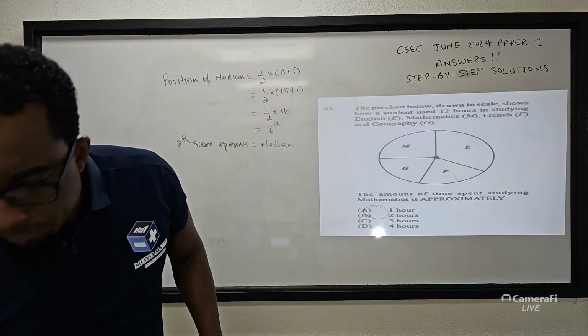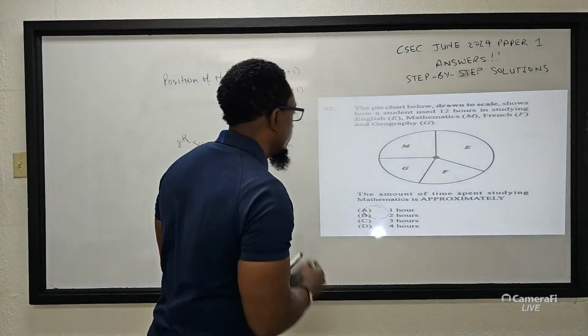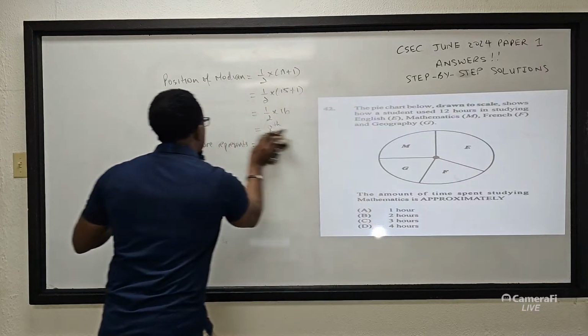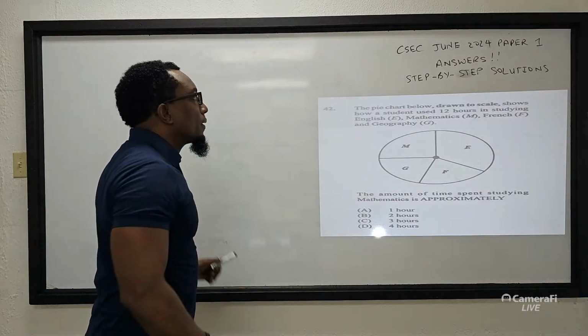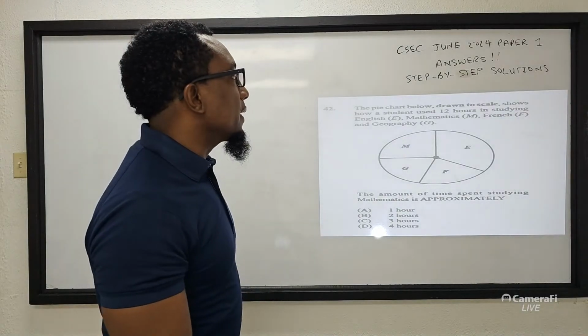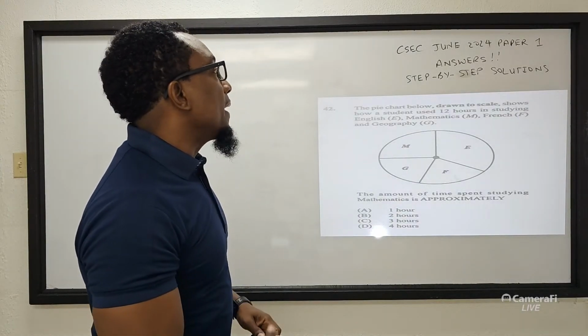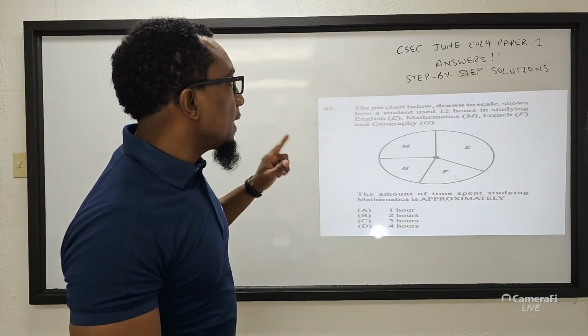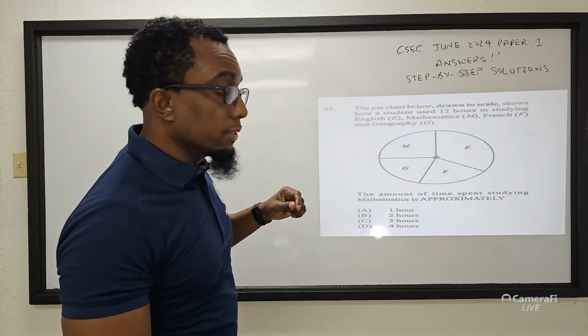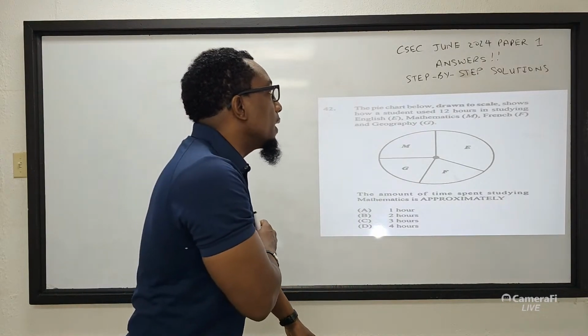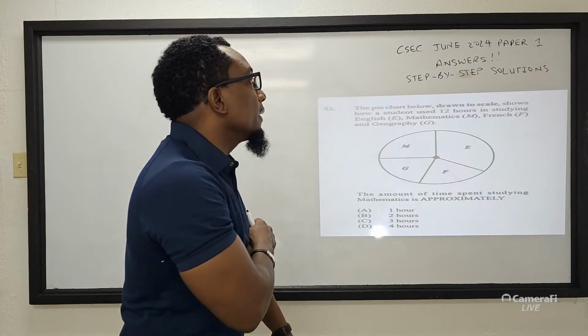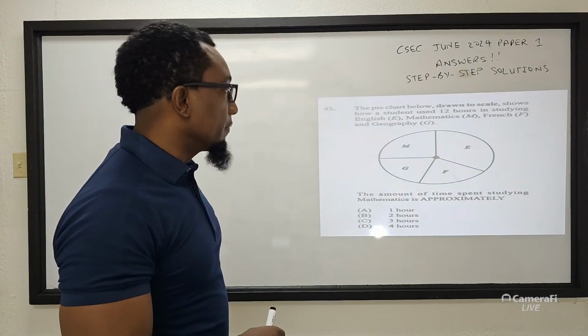So 42, right, so we have 42. The pie chart below, drawn to scale, shows how a student used 12 hours in studying English, Math, French, and Geography.